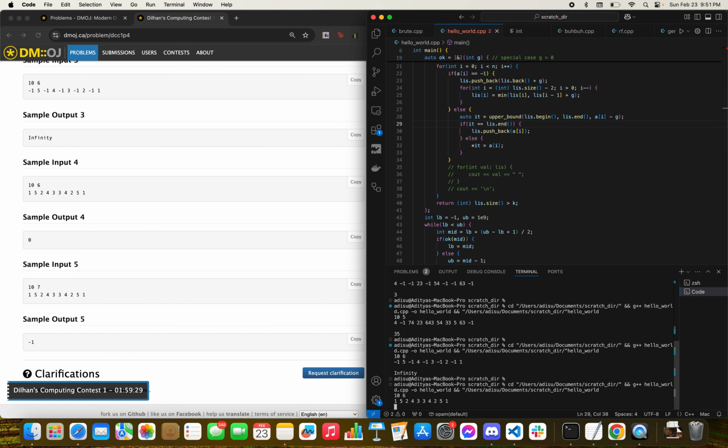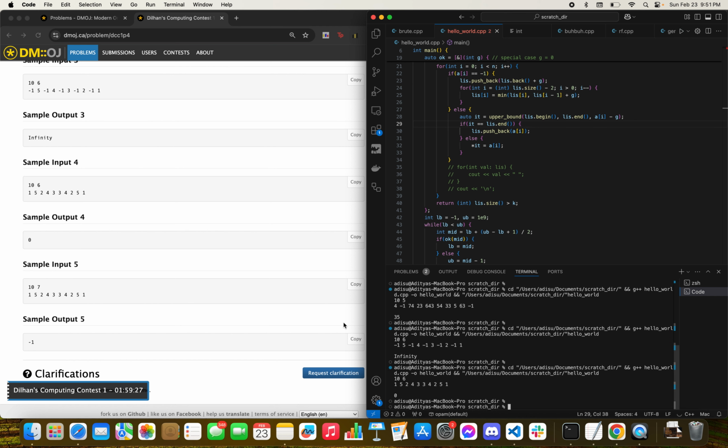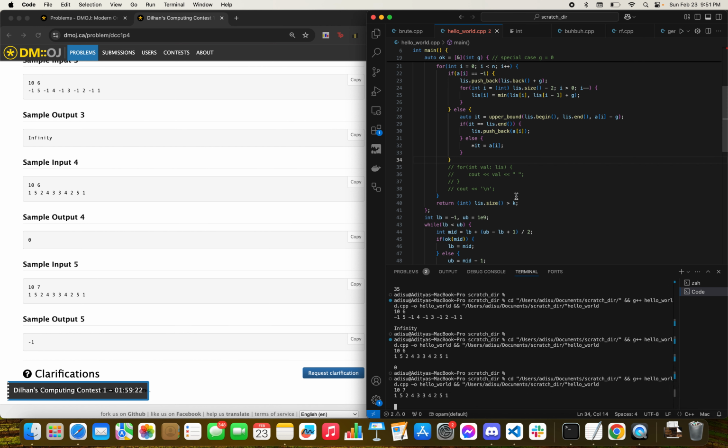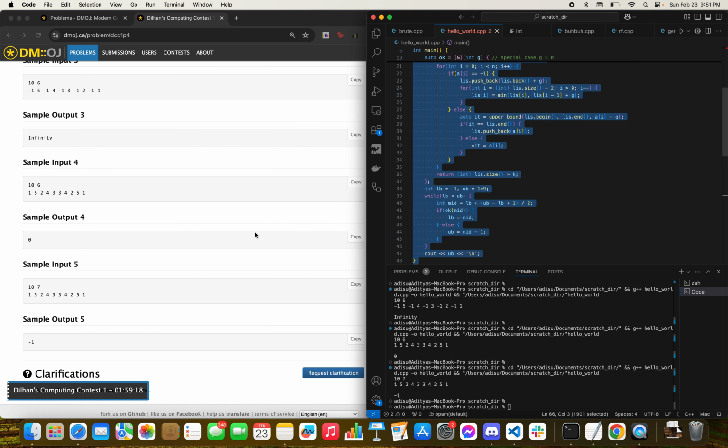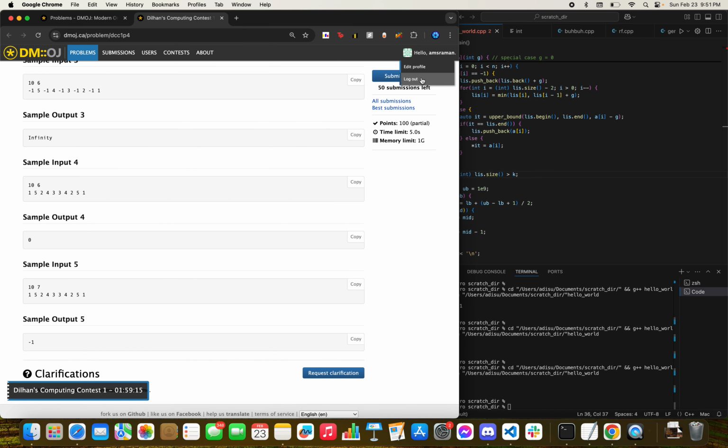Zero. This might be interesting. Nope. Okay, I think I mind solved it. No, didn't mind solve, but I know how I saw the subtask.